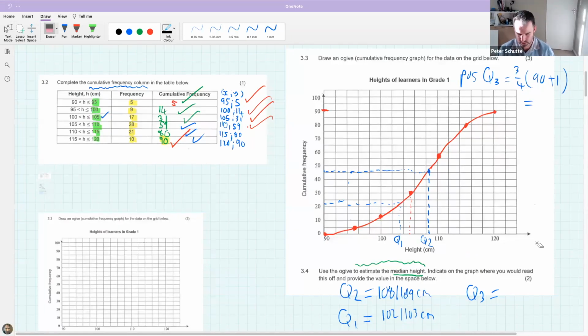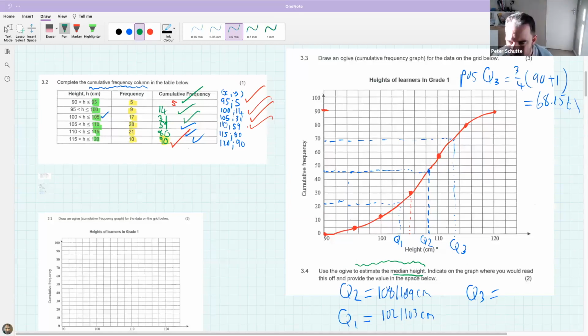Let's have a look. 91 times 3/4 gives 68.25 as the position. But now I need to see what value goes with that. So here is 68.25, and it feels to me like an estimate for Q3 is there.